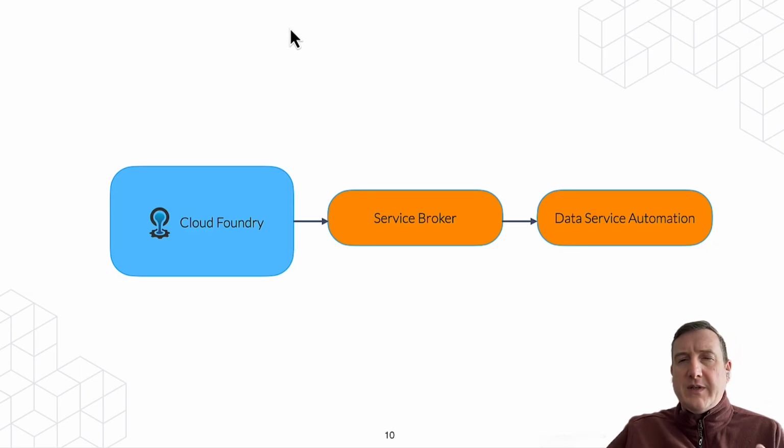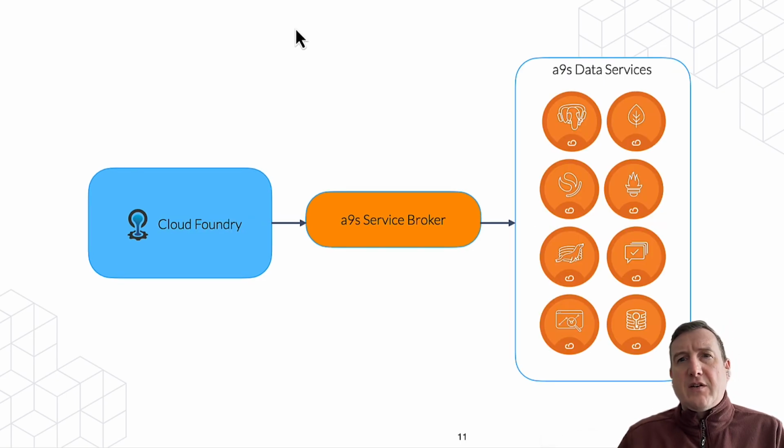At Anynines, we offer a Cloud Foundry stack as well as a set of data services called the Anynines data services, where we do on-demand provisioning of dedicated virtual machines using BOSH automation. So we have our own service brokers. We also develop Kubernetes operators. So we have a set of service brokers that integrate well with Cloud Foundry.